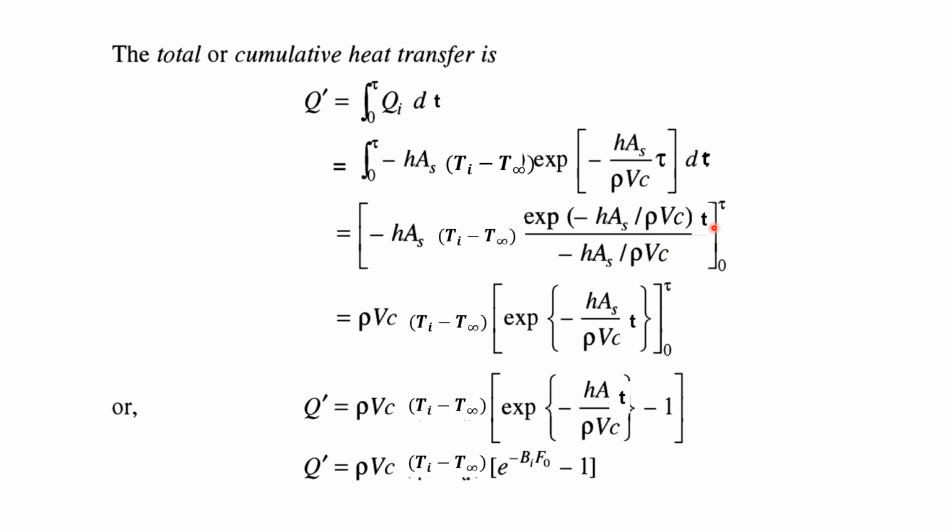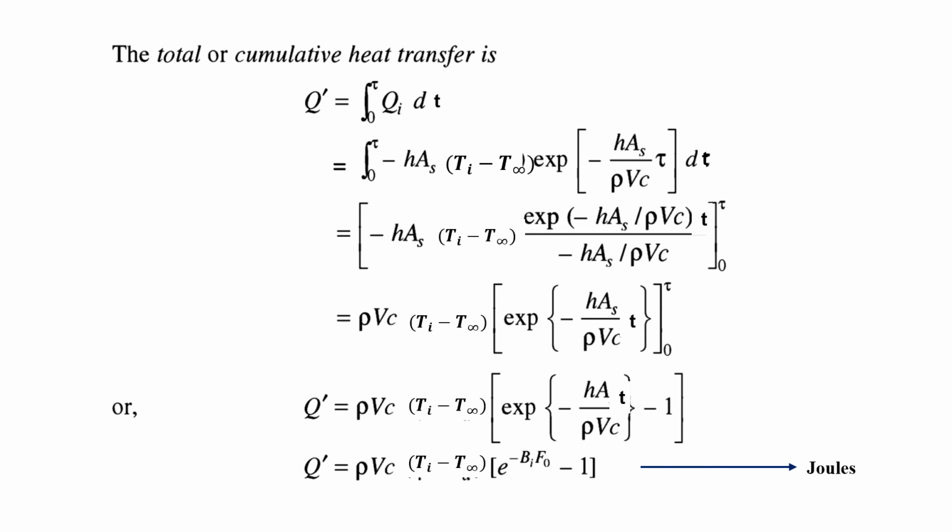Put the limits 0 to t, and the final expression you will get is like this. Now you can see its unit is joules: rho Vc (Ti minus T infinity) into e power minus Bi into Fo. Now you need not worry about memorizing this expression because it is already there in the data handbook, so no need to learn it by heart. Only thing you should know is this derivation.